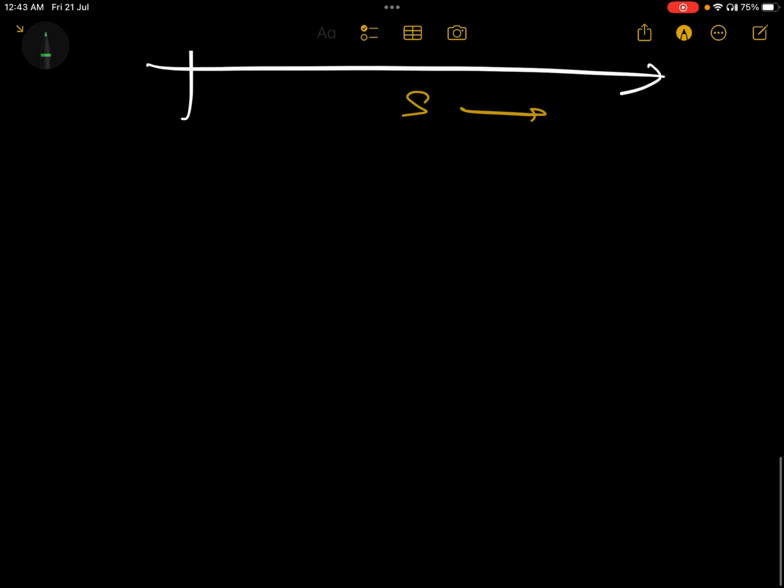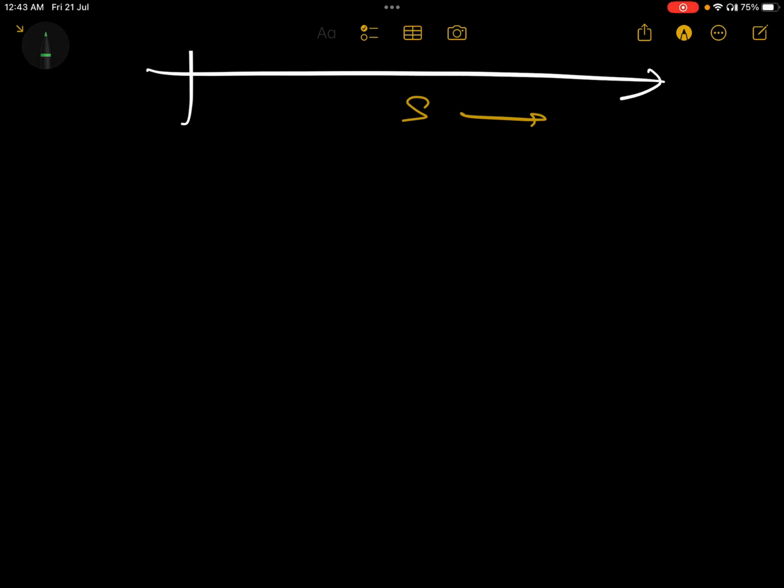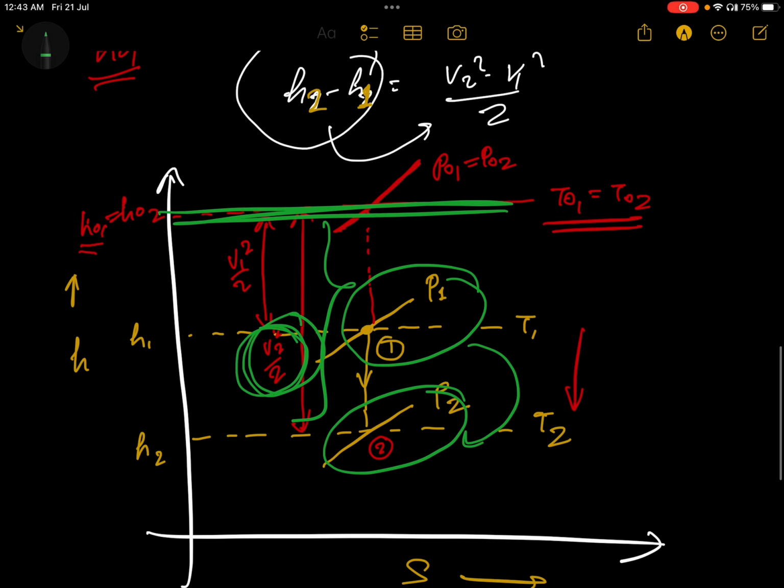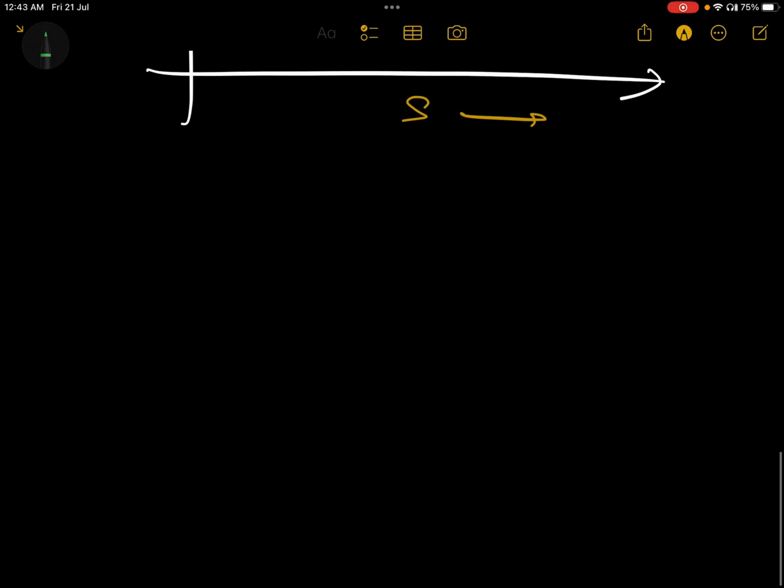Now we'll try to understand what energy transfer is. In energy transformation, we have seen that energy transforms from one state to another, or from one form to another form. But in the case of energy transfer, what is energy transfer?